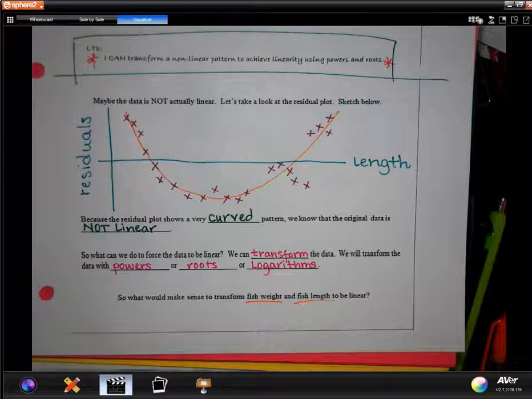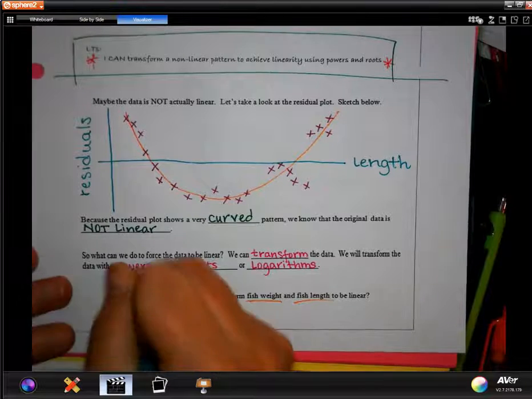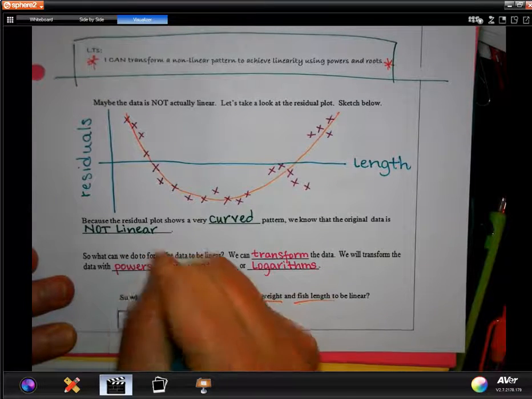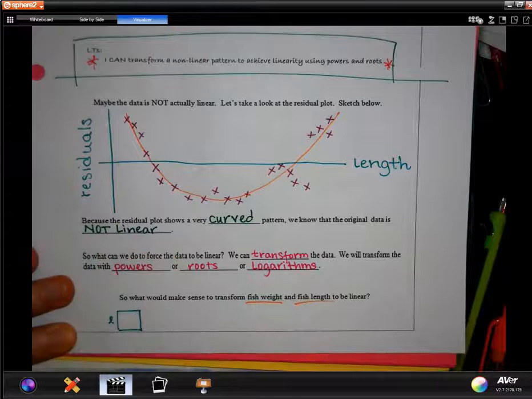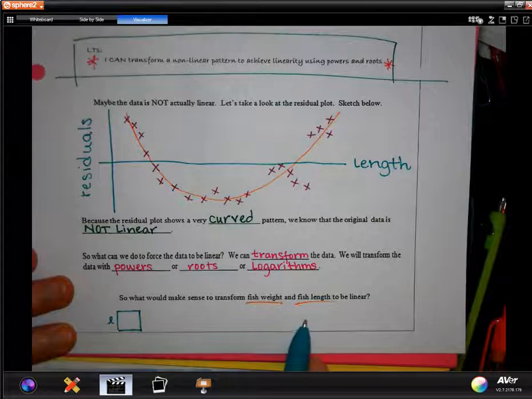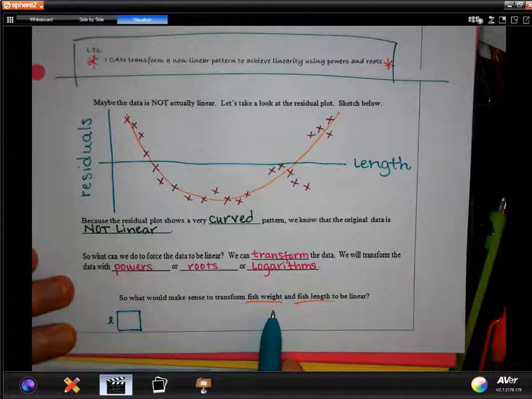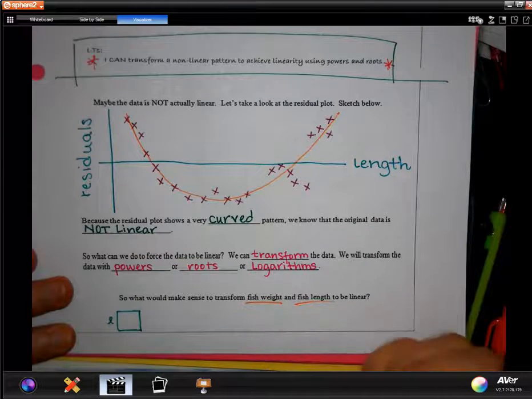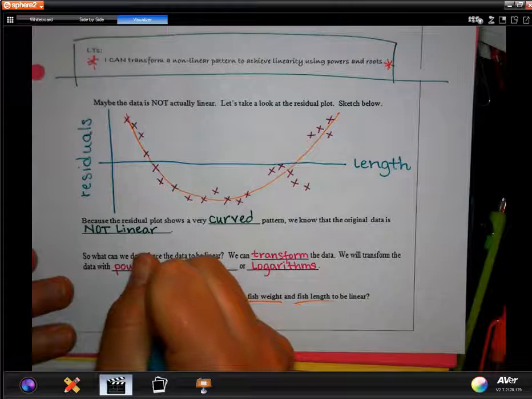This is how I think about it, okay? If I have a square and it's got length L, right? So the weight of a fish is volume because it's three-dimensional.